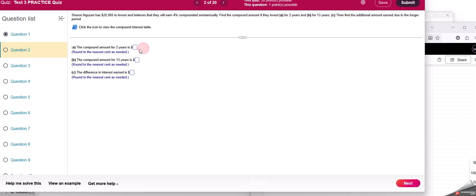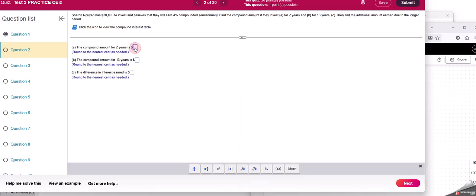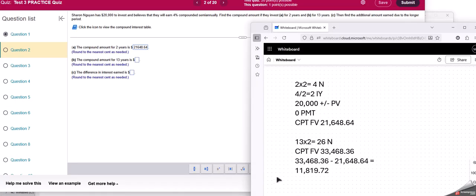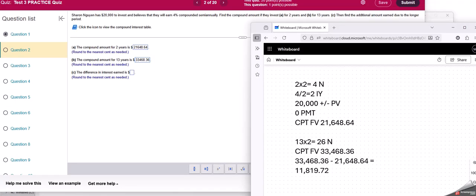So then we'll come back over here. You have to put it in here. All right, so 21,648.64, 33,468.36, and then the difference is 11,819.72.